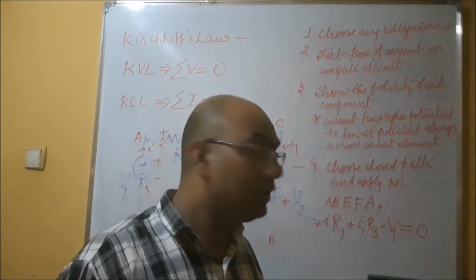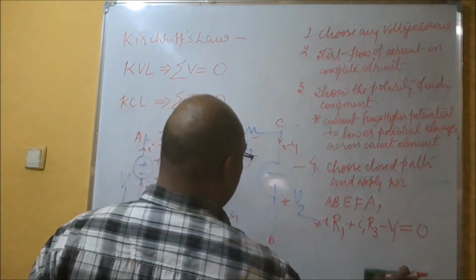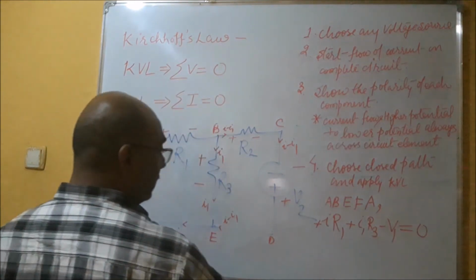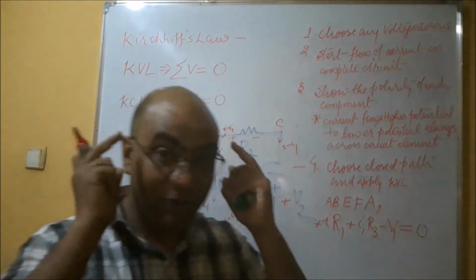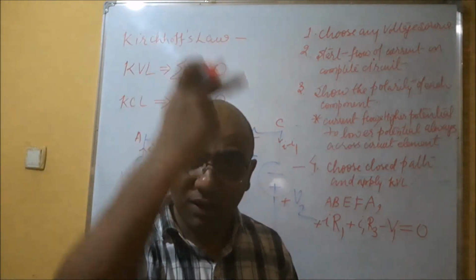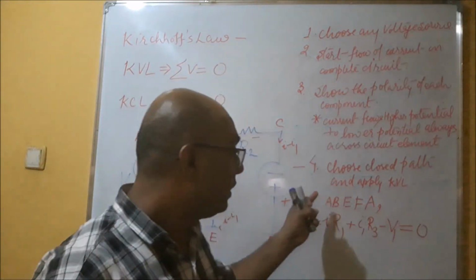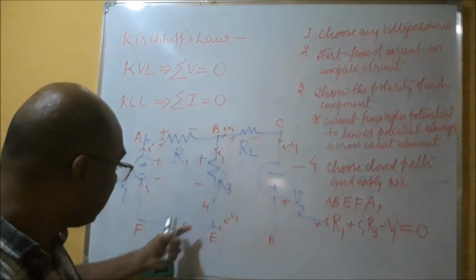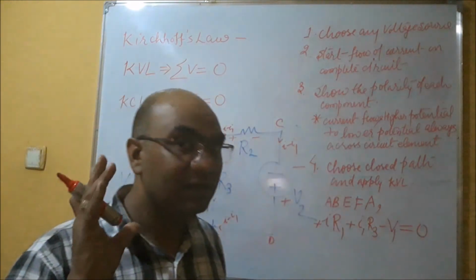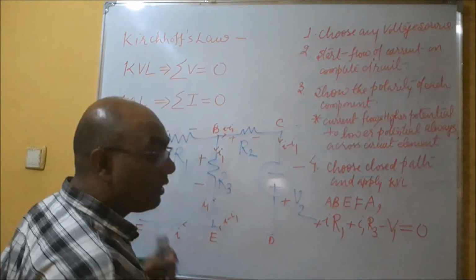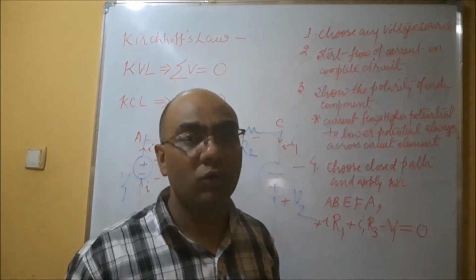Let us repeat it with another closed path. Suppose I am taking, for understanding, the opposite direction. Here we moved in the clockwise direction, and now I will move in the anti-clockwise direction to understand the concept. Both are possible, I can go clockwise also, I can go anti-clockwise also.